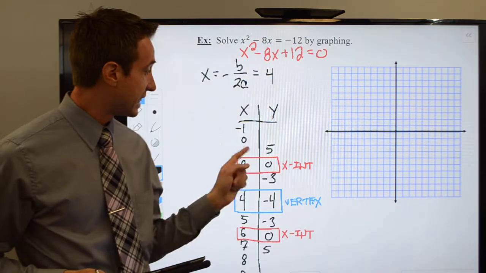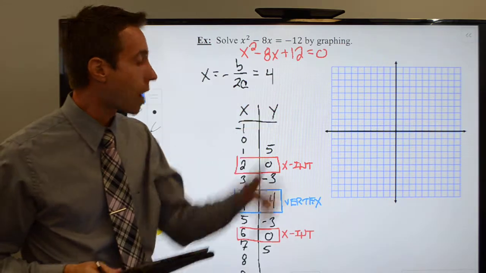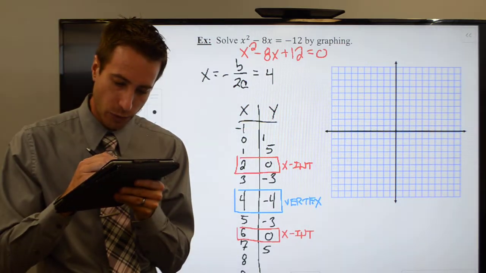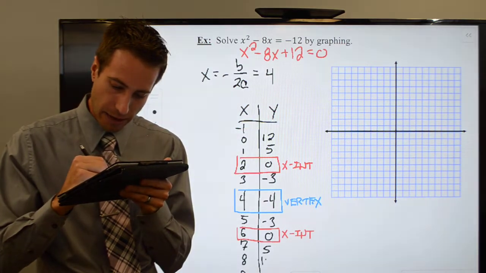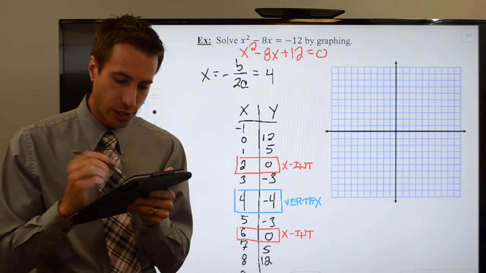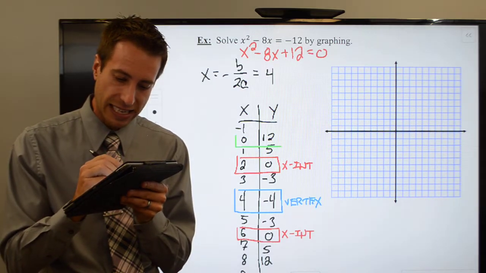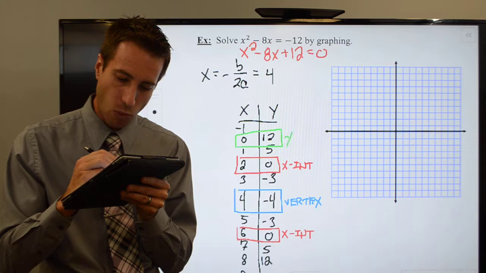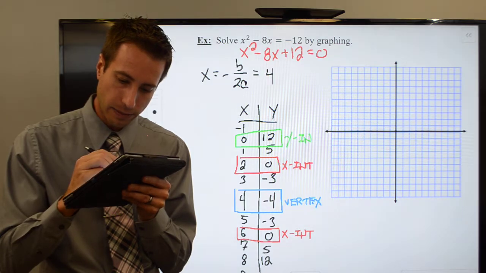Plug in a 0. Those terms drop out. I'm left with a positive 12, which actually doesn't even fit on my graph. So I would stop there, but I do know whenever x is 0, that represents my y-intercept.